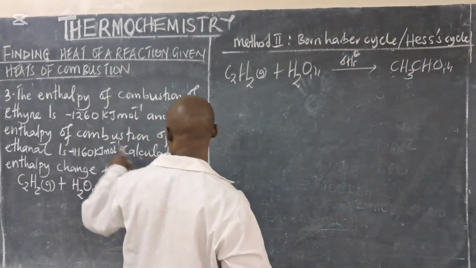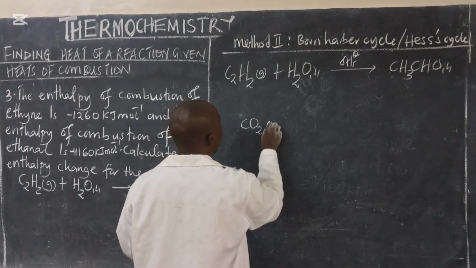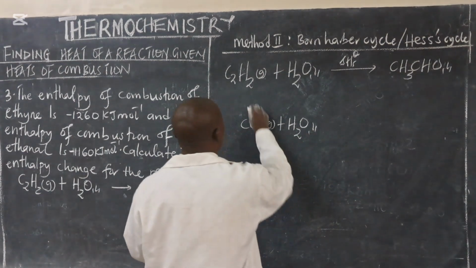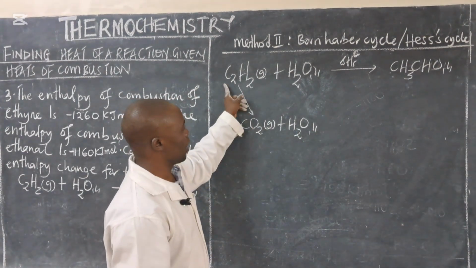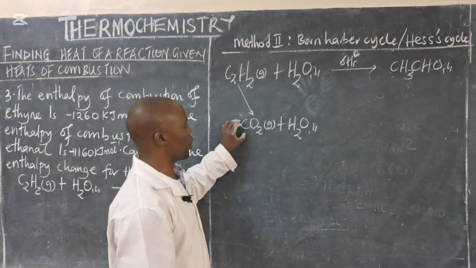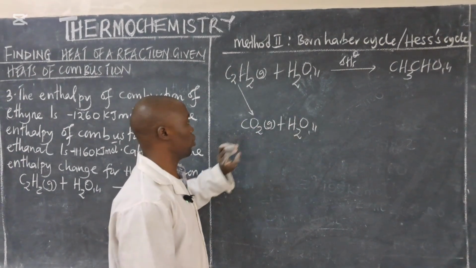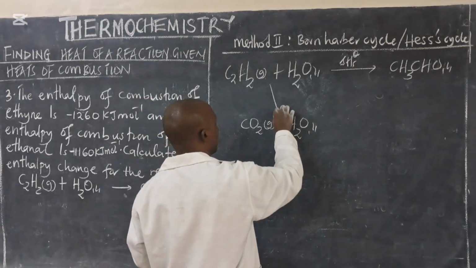They have given us the combustion value for ethane. So when you burn ethane, you get carbon dioxide and water. So the arrow would be from here, but since we need the total number of atoms on these equations to be balanced together, we are going to put the arrow in the middle here.